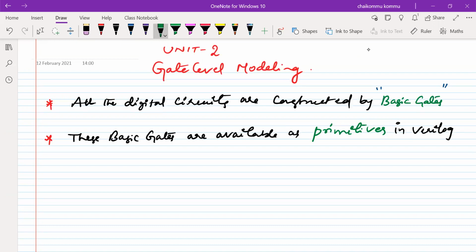What do you mean by a primitive? A primitive is generally a module. Whatever the basic gate is, that will be considered as a module. The definition of the module already exists in the Verilog library.